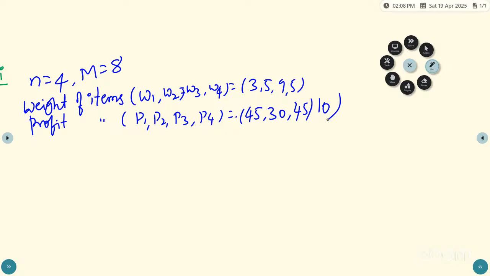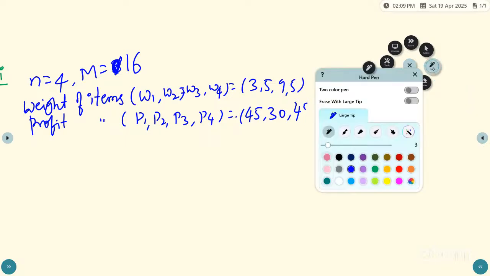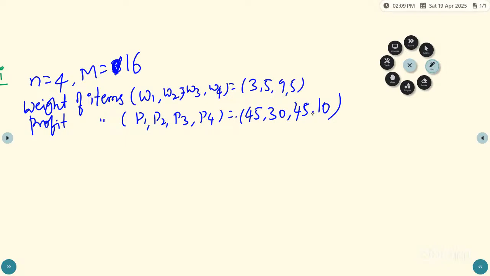N is equal to 4, M is equal to 16. ఈ వాల్యూస్ వేసుకోండి, just change the values. ఆ ప్రీవియస్ వాల్యూస్ ఆల్రెడీ చేశారు కదా, then practice this one. Here 45, 30, 45, 10.